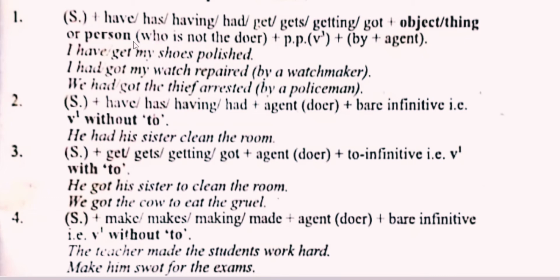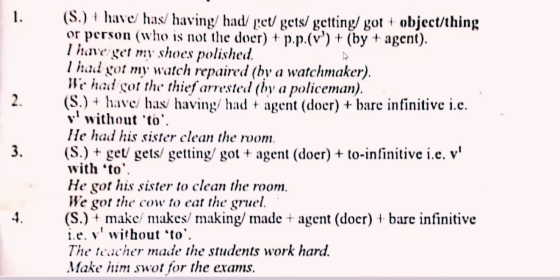So next one, I had or got, B2. I had or got, C. My watch, this is object, and repaired, V3. But by whom? By a watchmaker. So here is by plus agent.